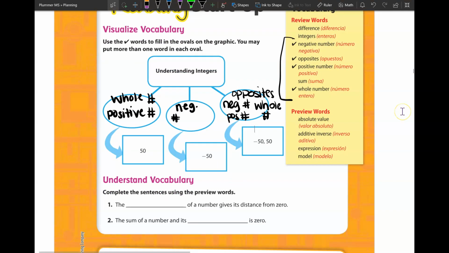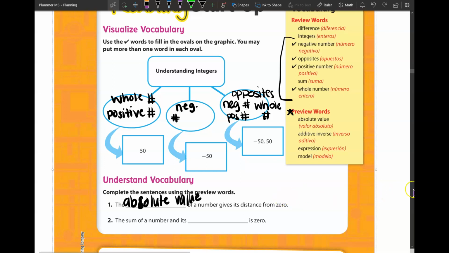Understanding vocabulary. It says complete the sentences using the preview words. My preview words are here. I have absolute value, which we already know what that means. I have additive inverse, expression, and model. The first one says the blank of a number gives its distance from 0. Well, we know that that is absolute value. So the absolute value of a number gives its distance from 0. Number 2 says the sum of a number and its blank is 0.